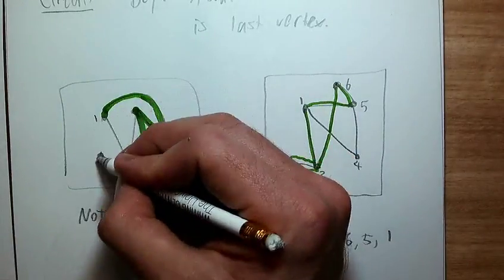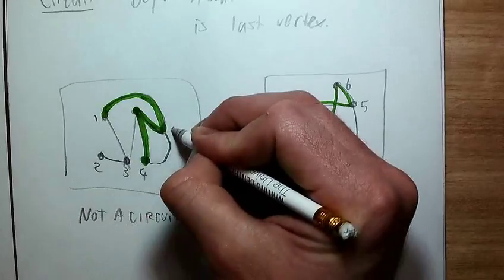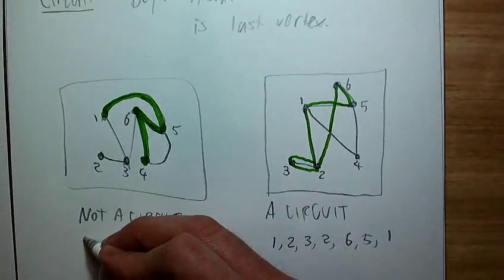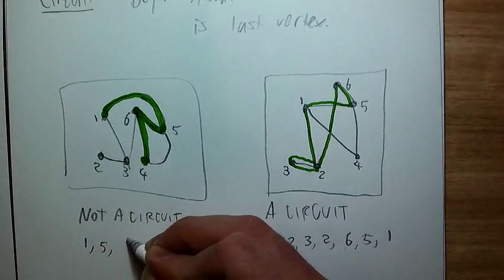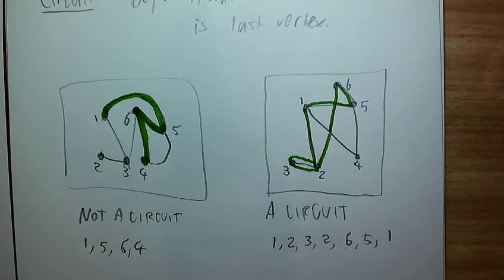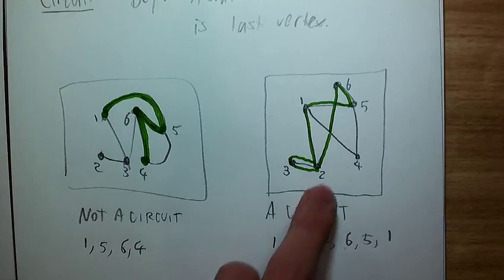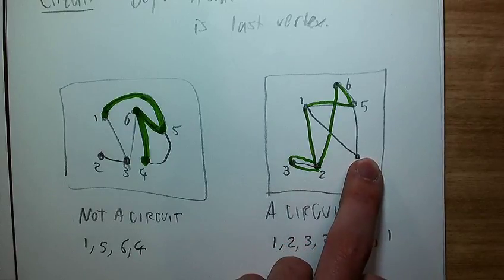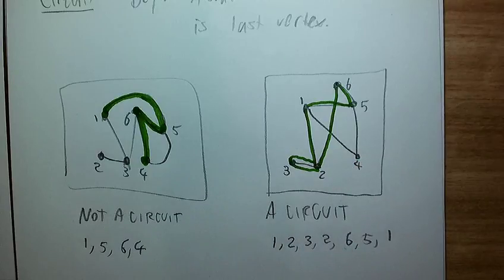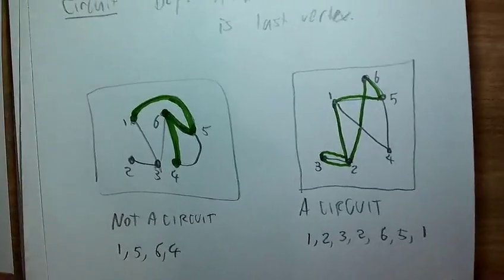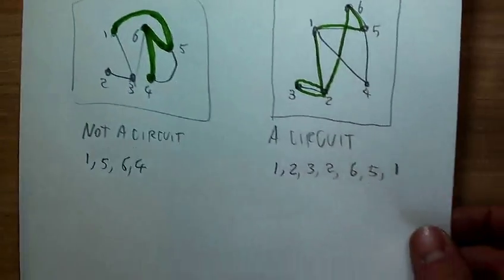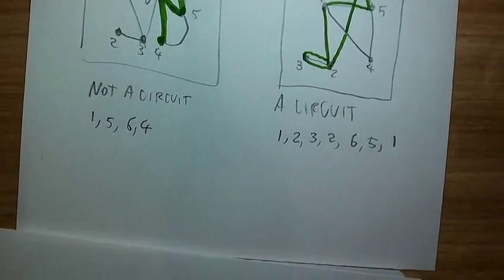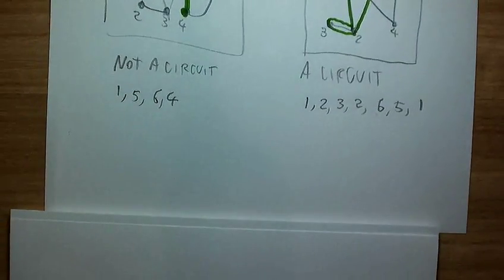I better label these. Okay. But technically as well, if we had in the middle here 2, 4, it wouldn't be a circuit because it wouldn't be a walk either. There'd be a gap in the pathway. So why do I care about those? Not sure at the moment, but we'll run with it.